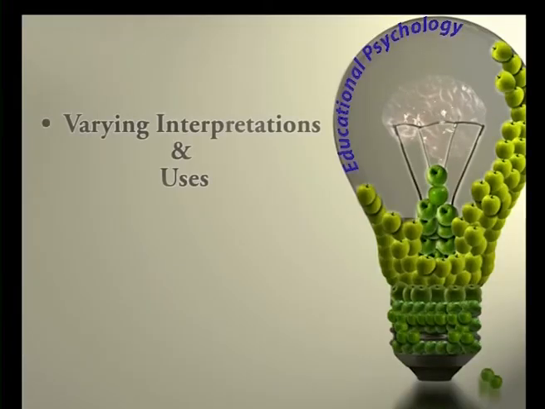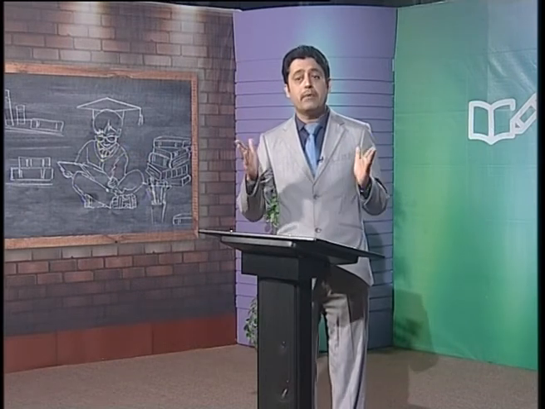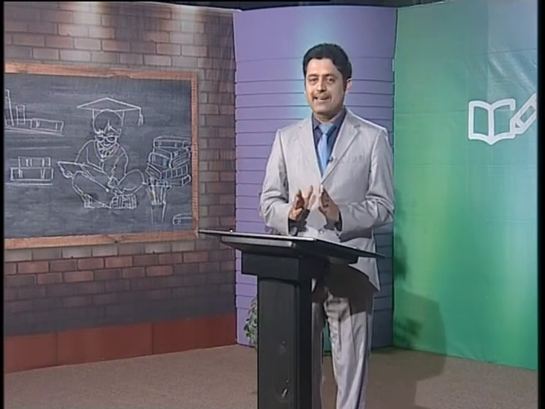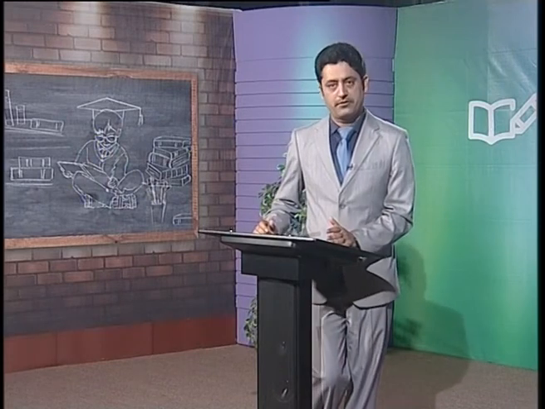Let's talk about varying interpretation and uses. While psychological tests are potentially valuable resources, they are merely tools and do not directly lead to any actions. Any decisions made as a result of the test scores become the responsibility of administering psychologists or others who assess the information.